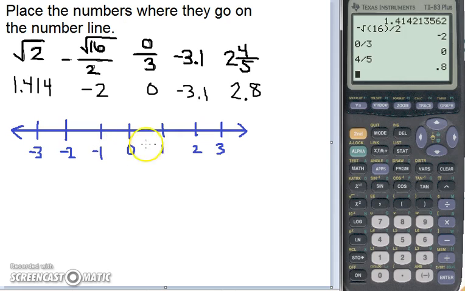All right, now I'm going to place all these numbers on the number line and rewriting the original numbers as I have them here. So square root of 2 is 1.41, so that would be about here. Negative square root of 16 over 2 is at negative 2, so right here.